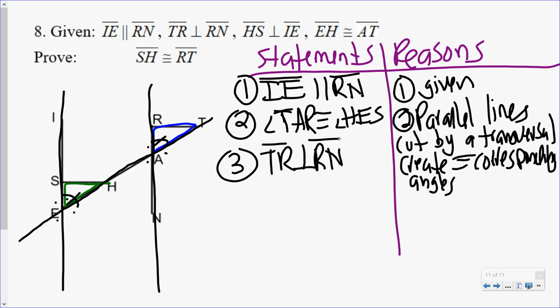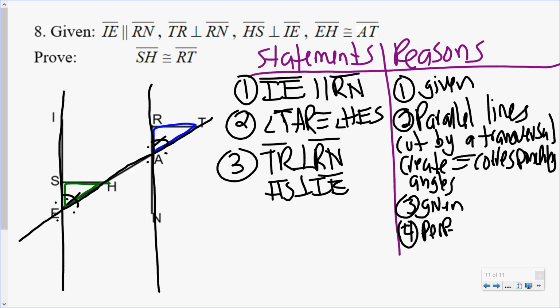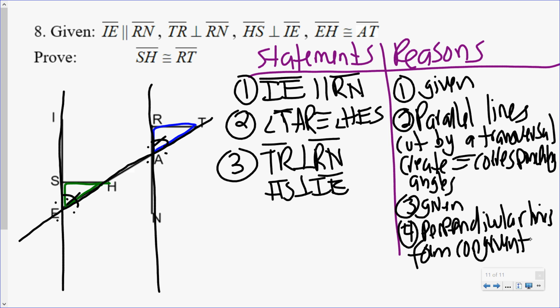I have TR and RN, and then I also have HS and IE. Given. So I do a mini proof with those. Perpendicular lines form congruent right angles.